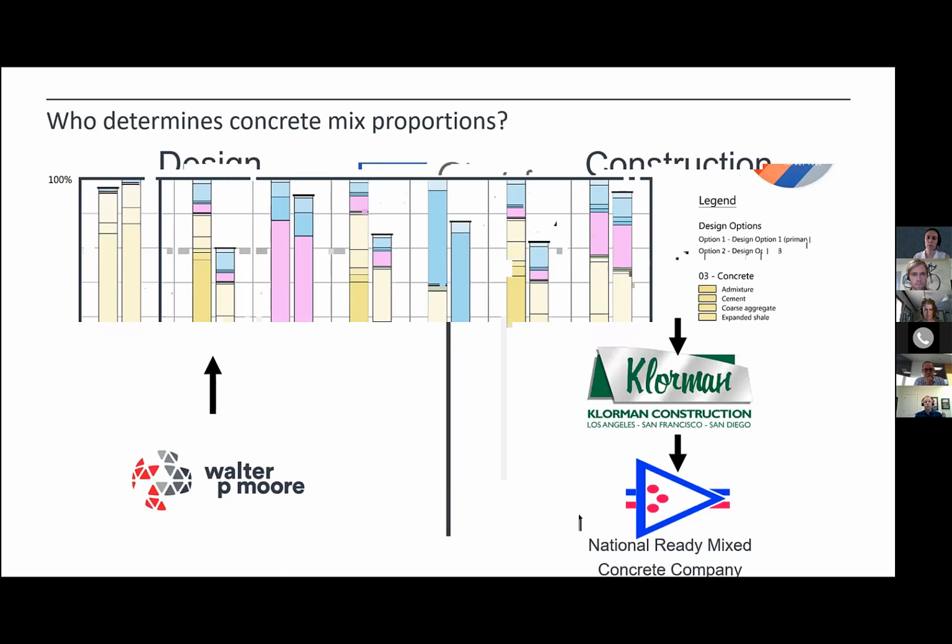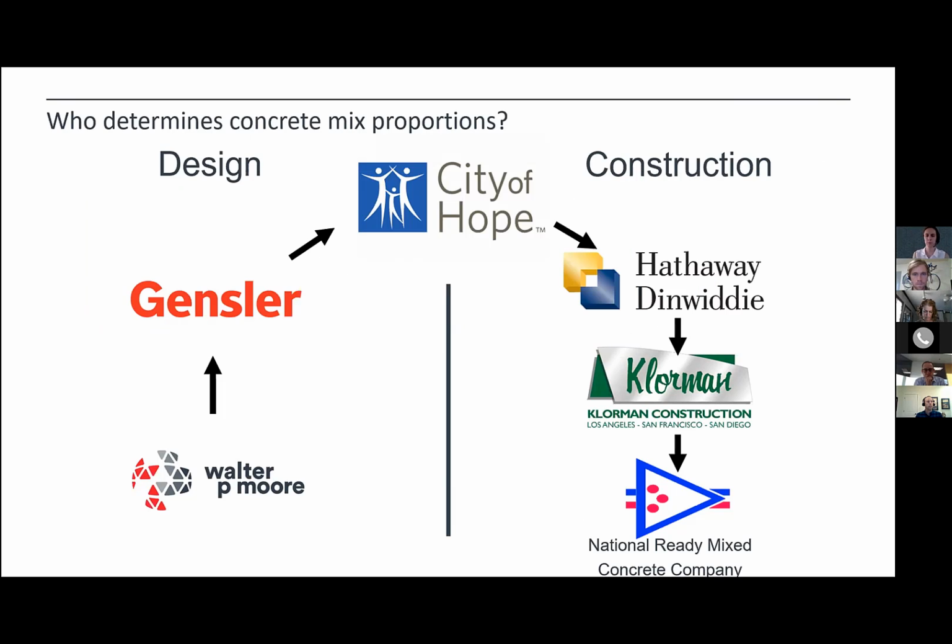But that's trickier than it sounds, because we need to think about who really determines what's in the concrete. And I've shown this as the org chart, if you will, of our team on the project. At the lower left, you have us as the structural engineer who prepare the concrete specification, but that gets handed on the design side up to our client, put together in the project documents, goes through the owner, and then comes over to the construction team, which in this case was Hathaway Dinwiddie with Clark Construction and then National Ready Mixed.